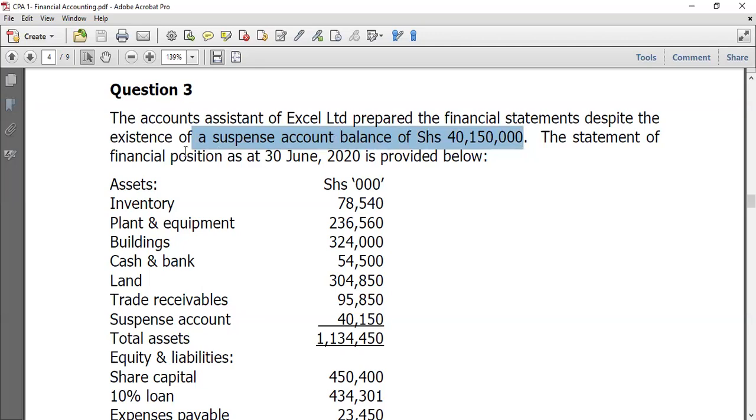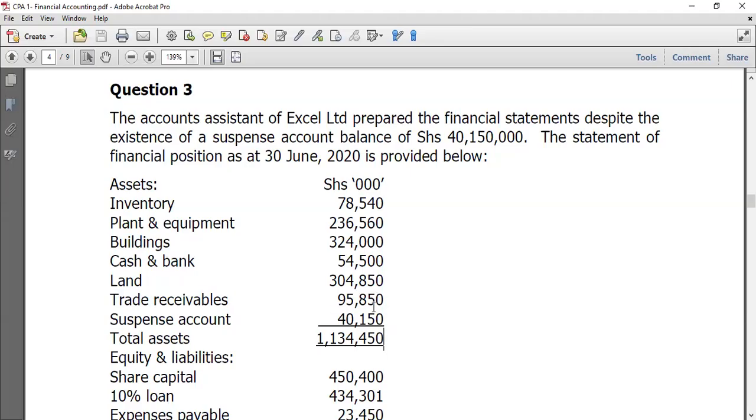So they're telling us that the statement of financial position as at 30th June 2020 is provided below. So we have inventory, which is 78,540. We have plant and equipment. We have buildings. We have cash and bank. Then we have land, then we have trade receivables and so on.